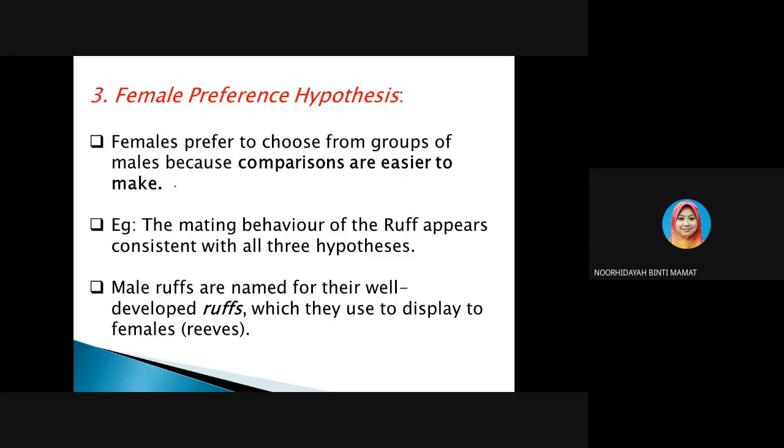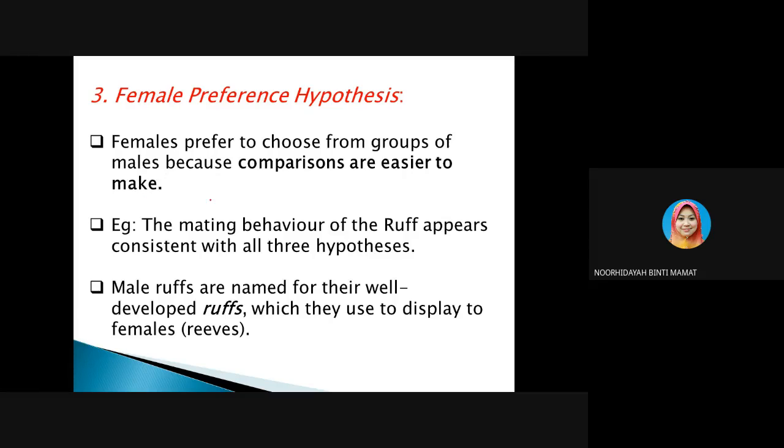The first hypothesis is hotspot, the second is hotshot, and the third hypothesis is the female preference hypothesis. Females prefer to choose from a group of males because comparisons are easier to make.